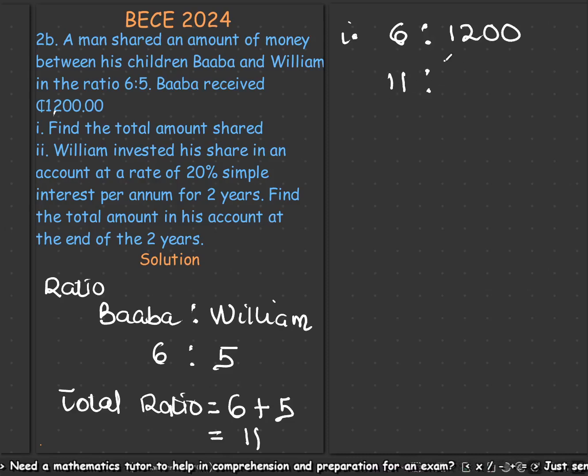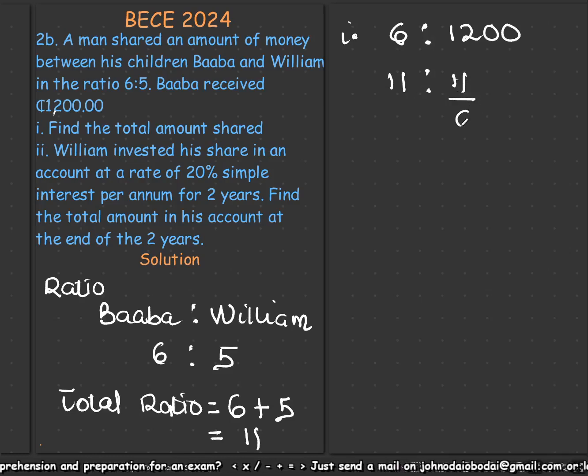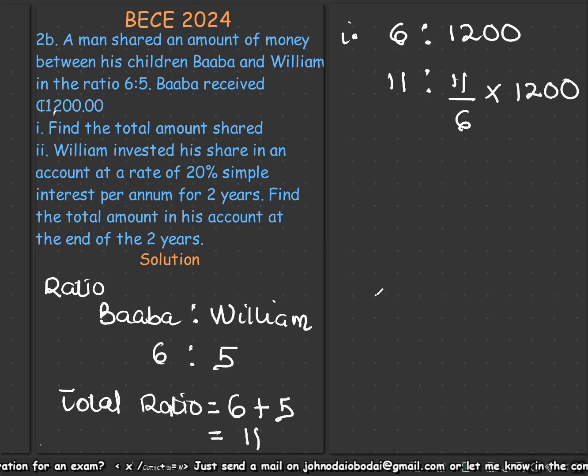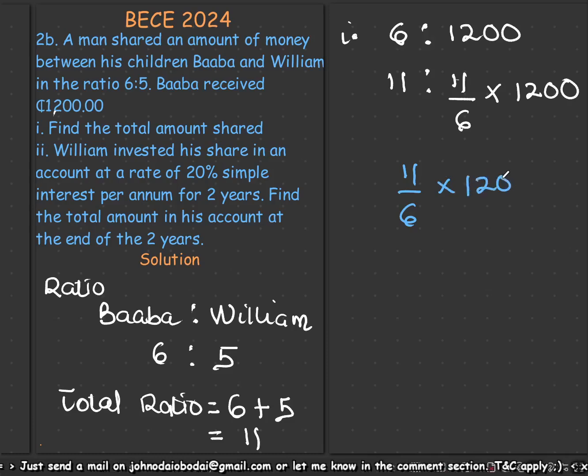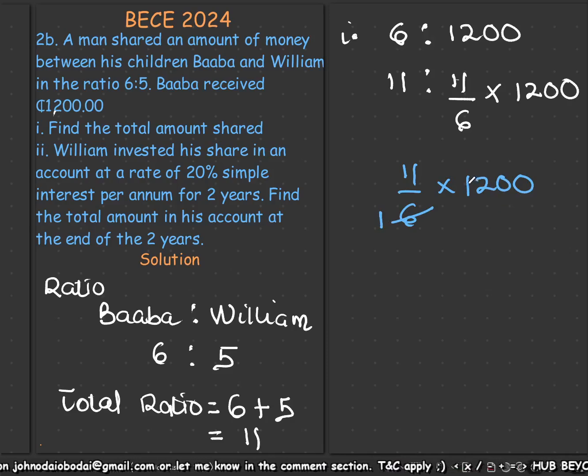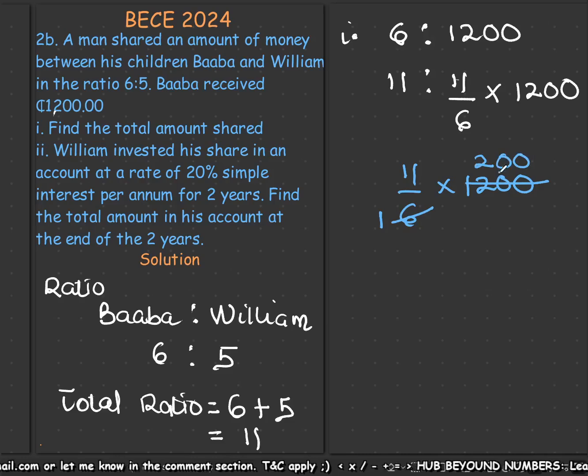And if 11 will give us more, then we say if more, let's divide. So we have 11 over 6 times our 1,200. Evaluating that, 6 divides itself once, and it's going to divide 1,200 how many times? 200 times.